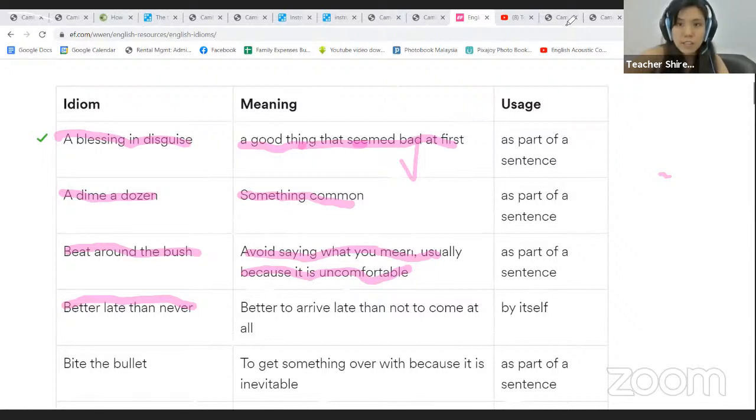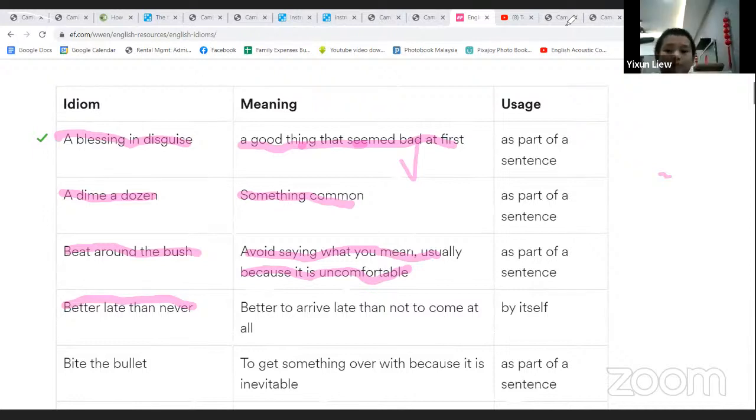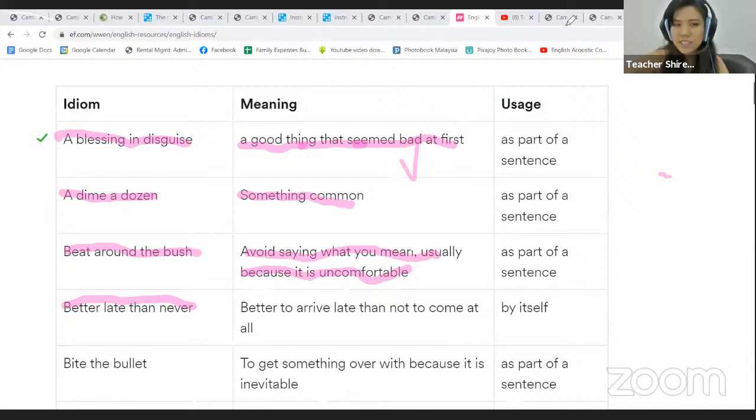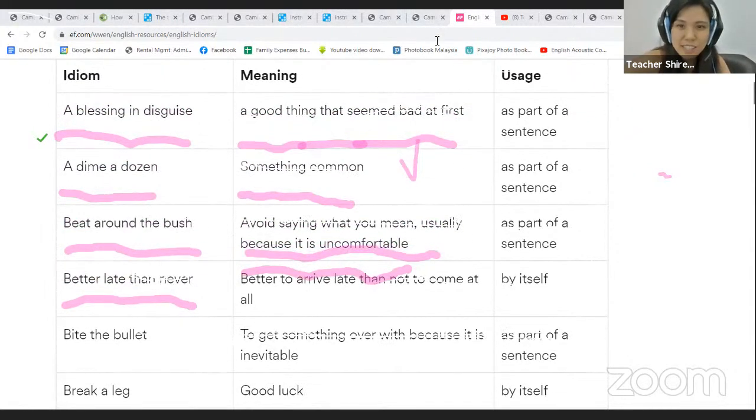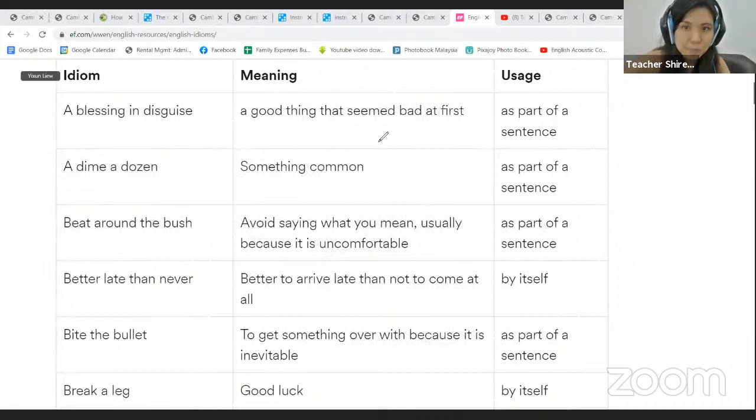Let's say the teacher says, Yixun, you are late for class. What do you answer the teacher? You just say, teacher, it's better late than never. I'm sorry for being late, but I'm here today. Understand? The teacher is like, okay, I'll forgive you this time. All right, so let's clear it off.